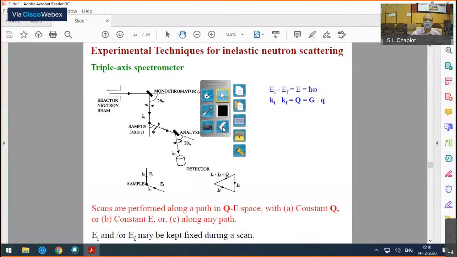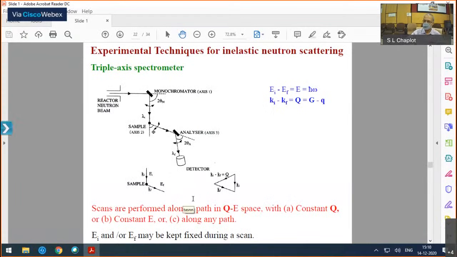Okay. So, see, the resolution function depends on the detailed characteristics of these, for example, the mosaic spread of this. You know what mosaic spread is? You probably know already that the crystal planes are not all, it's not an absolutely perfect crystal where all the atomic planes are exactly parallel with each other.